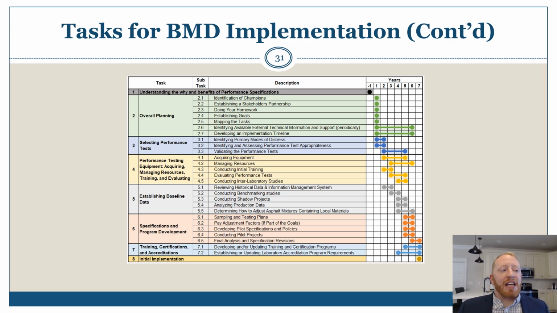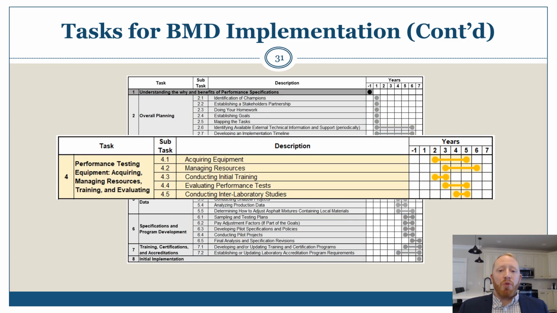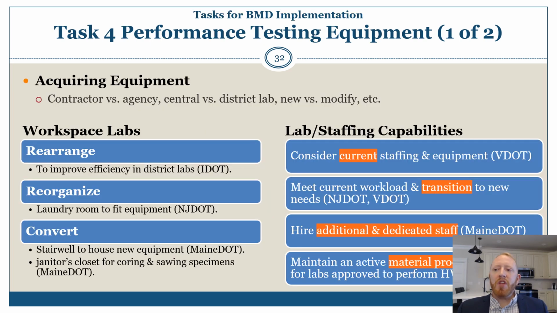All right, the next task for BMD implementation that we'll talk about is task 4, where we're talking about equipment and resources. In task 4, we talk about a number of real-world things as we're getting our hands dirty and getting started. Here, we talk about acquiring equipment.